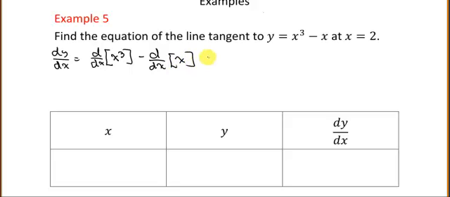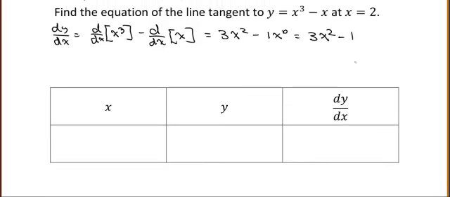And of course this would be, using the power rule, 3x squared. And of course x is just x to the first, so this would be minus 1 times x to the 0. All right, and that will simply be 3x squared minus 1. We've seen that already. Okay.